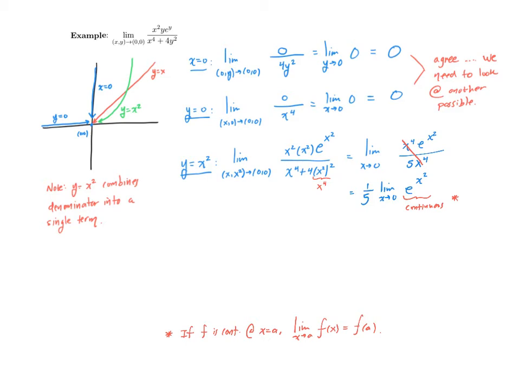That is, a limit of a continuous function is the easiest possible limit to evaluate. You just replace the x's by, in this case, that value a. Because e to the x squared is continuous, we get 1/5 e to the 0, which is 1/5.